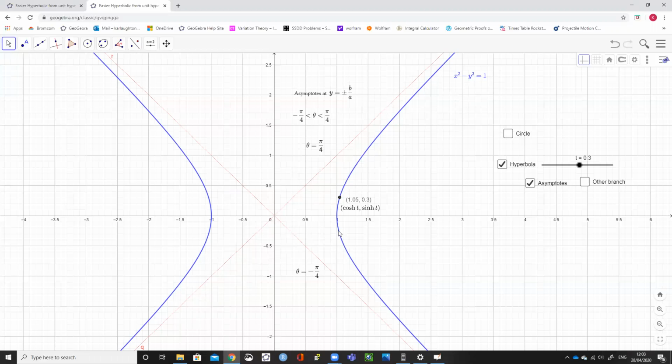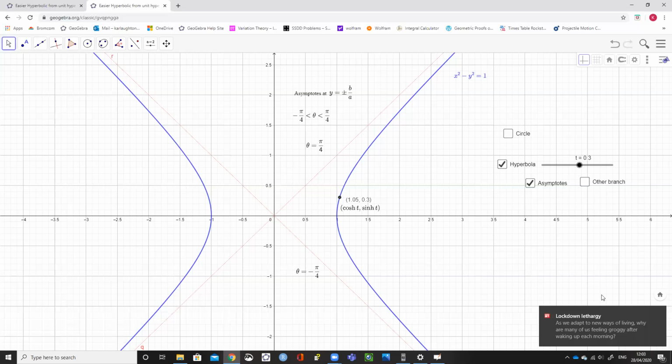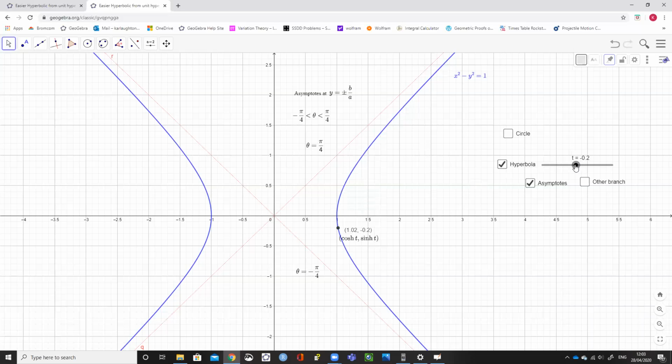Okay. So in exactly the same spirit as before, we're going to describe any point on the hyperbola by using a parameter, in this case t. As I move the value of t around, that's going to change where we are on the hyperbola.